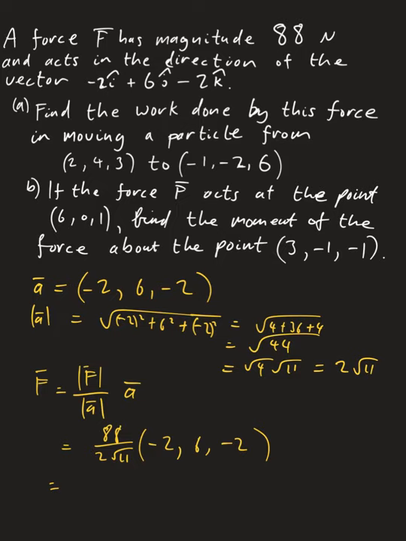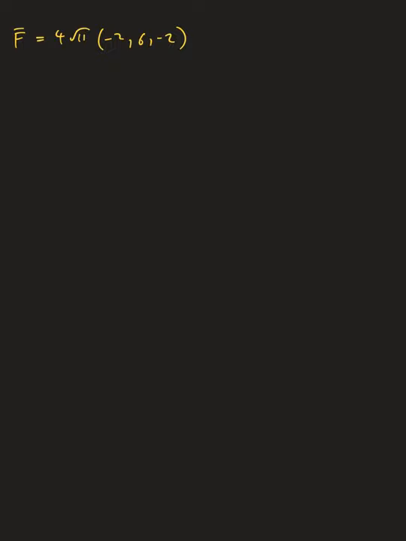So I have 4 times 11 divided by the square root of 11, and 11 divided by root 11 is just root 11. So I have 4 square root 11 times the vector (-2, 6, -2), and that is my force vector. I could multiply in that 4 times root 11 if I want to, but I won't do it just yet.